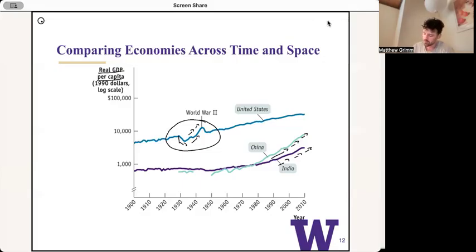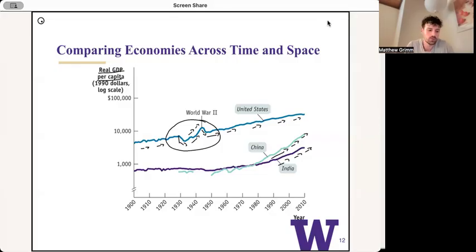Past World War II, it declined a bit, and now we're back on a similar trend to almost what we were prior to that Great Depression, World War II bubble.